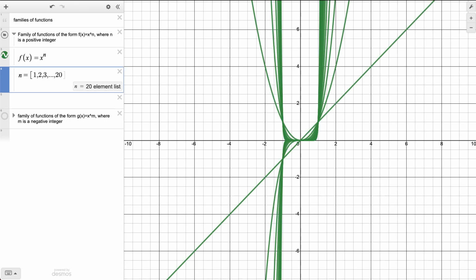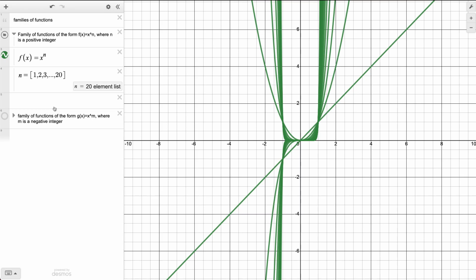And so that is graphing all at once. It's graphing f of x equals x to the first power, f of x equals x to the second power, f of x equals x to the third power, all the way up to f of x equals x to the 20th power. Okay, so this is a pretty powerful way to visualize these families of functions.